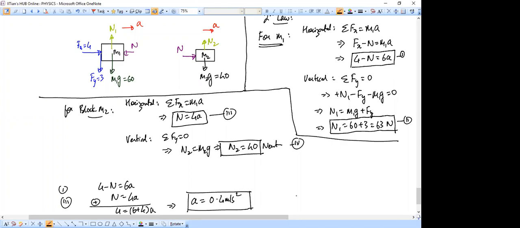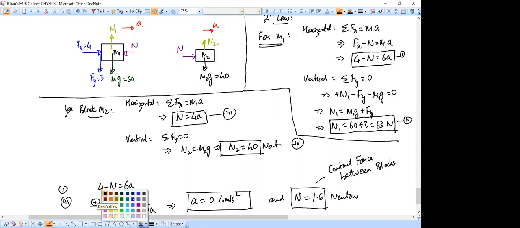And it also tells us that the normal reaction between the blocks is 4 into a, so 4 into 0.4, so 1.6 newtons. Okay. So that's the acceleration. This is the contact force between the blocks. Okay, and these two are the normal reactions applied by the floor. Okay, this and this are the normal reactions by the floor.